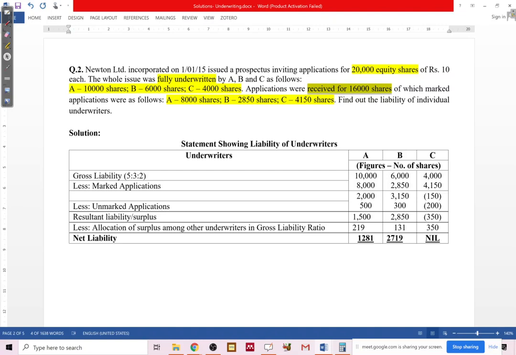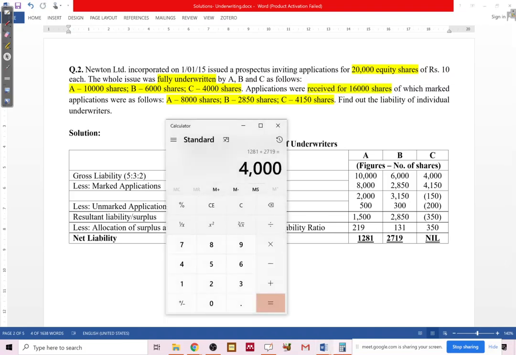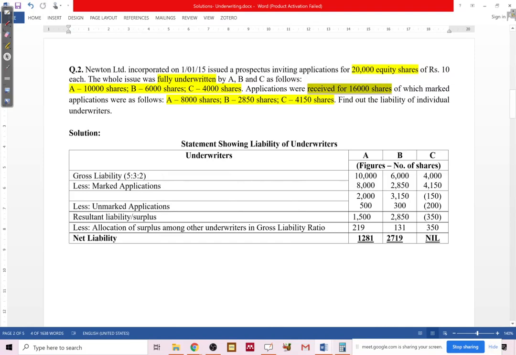He has no liability, and the remaining two, A and B, will be assuming this liability of 4,000 shares. Have you followed? Which is why their total of net liability comes to 4,000. Right? So that is your problem number 2 with a surplus calculation that needs to be redistributed.